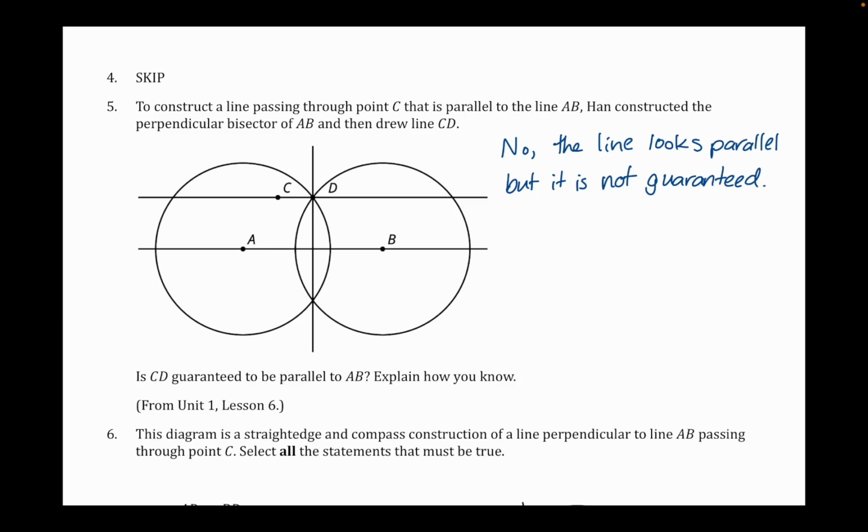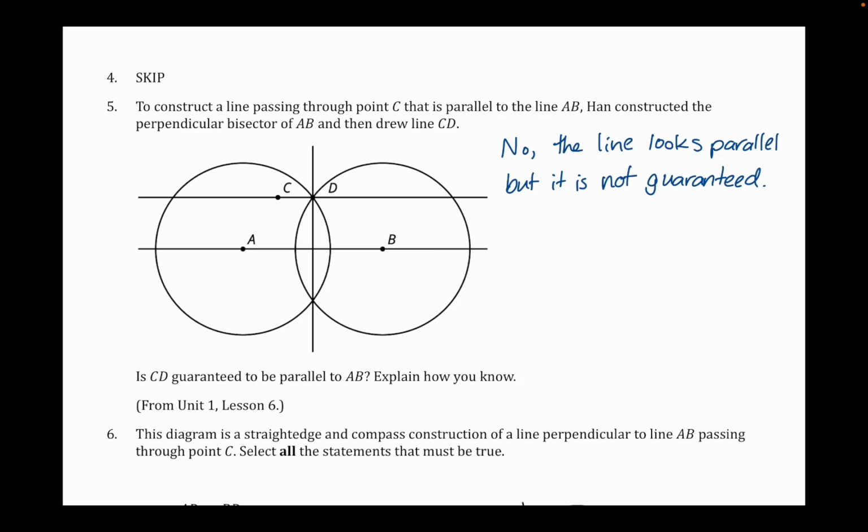So what we do want to do is explain how you would need to do that. We would need this line perpendicular to AB, and then we would have to construct another line perpendicular to this new line.